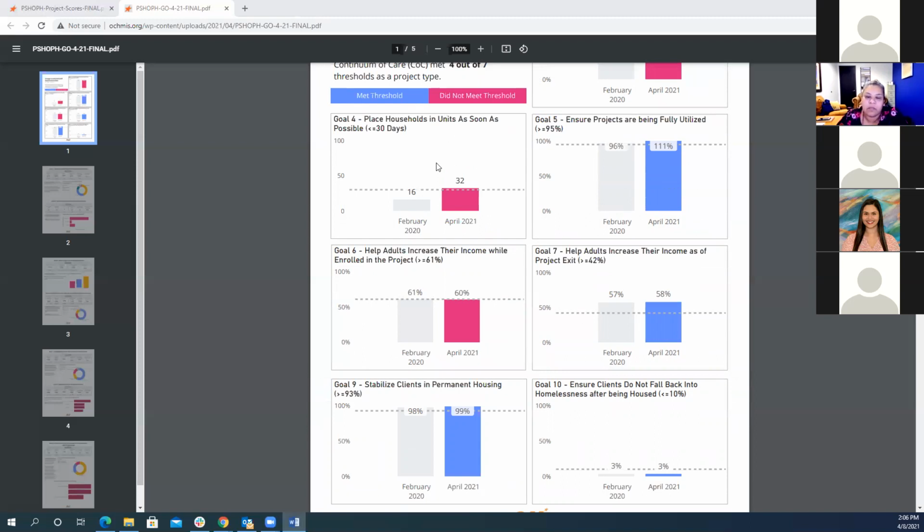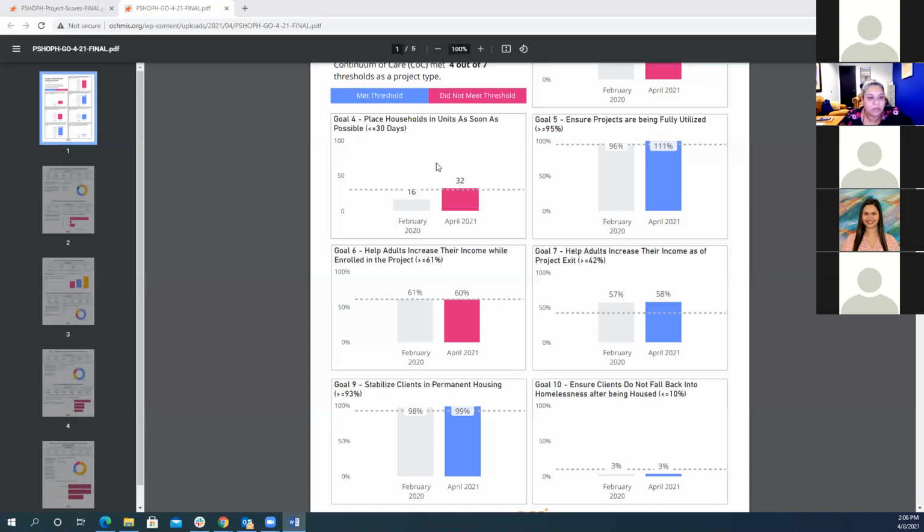When the housing move-in date field was first introduced for permanent supportive housing projects, if the client was already enrolled in the project, their housing move-in date was set as their project start date, because that is how the data used to be entered into HMIS.